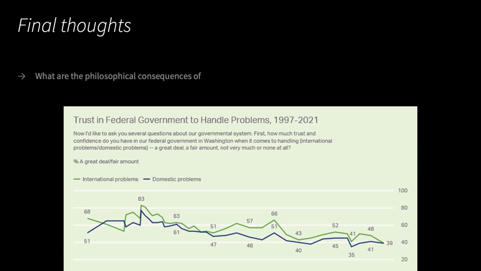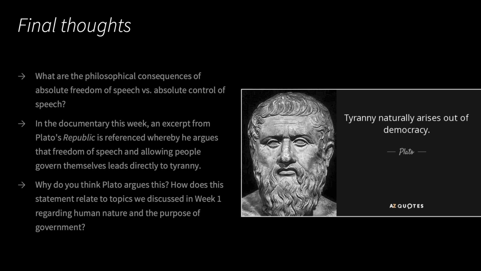Let's go ahead and transition to final thoughts. And I want you to think about what the political consequences are of absolute freedom of speech versus absolute control of speech, going way back to conversations we had in week 1 and week 2 of this class. In the documentary this week, an excerpt from Plato's Republic is referenced, whereby Plato argues that freedom of speech and allowing people to govern themselves leads directly to tyranny.